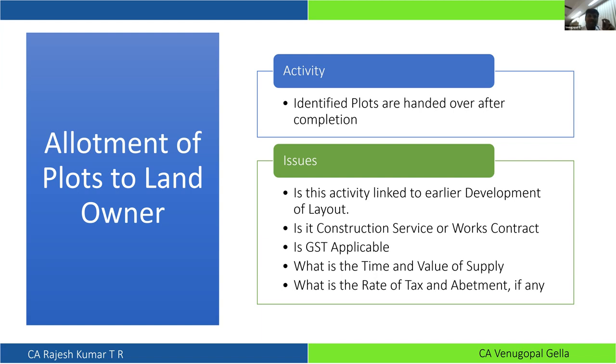So there is a definitive amount which the landowner is agreeing and willing to pay to the developer, and GST is applicable on that. Will he get an input tax credit for the works which he is doing?